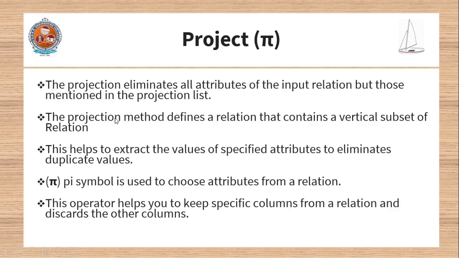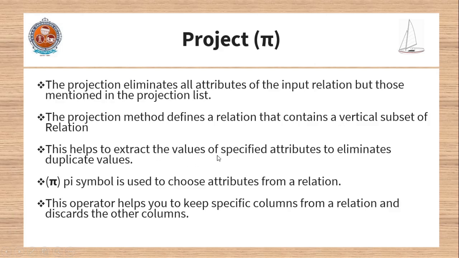Whatever are mentioned in the projection list, those will be contained in the output or result, and all the remaining will be eliminated. The projection method defines a relation that contains a vertical subset of relation. When compared with select, the select is going to give the output as horizontal subset of the relation, but project is going to give the vertical subset of the relation.